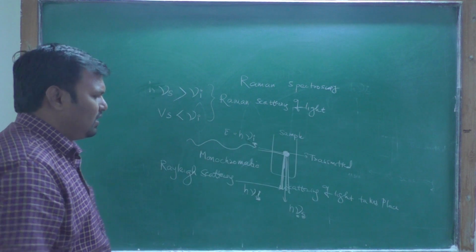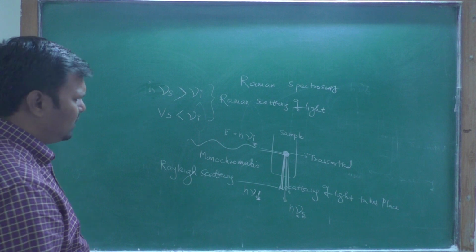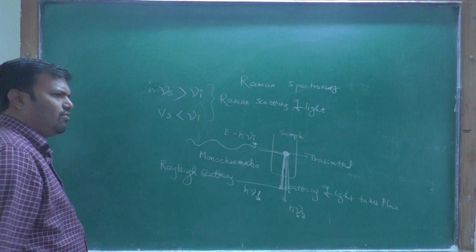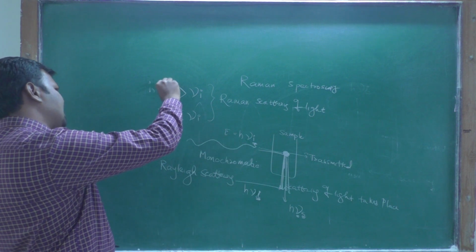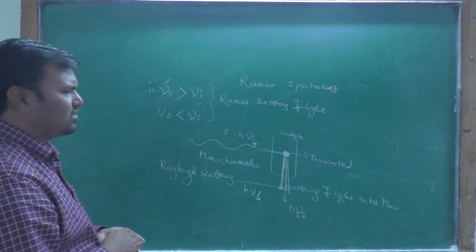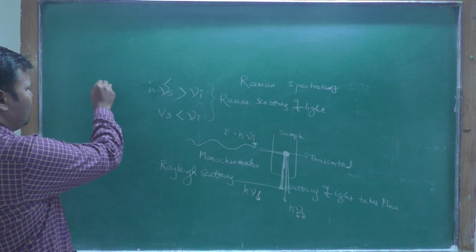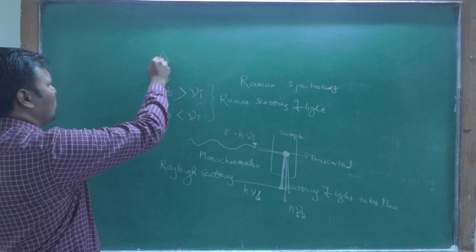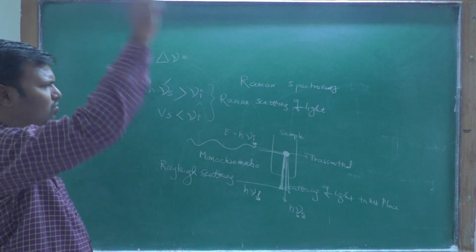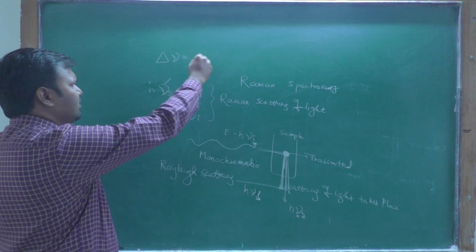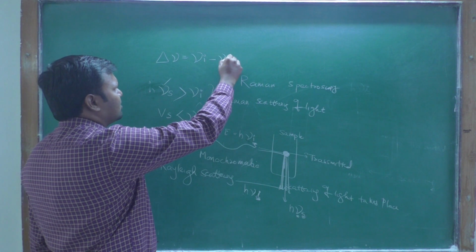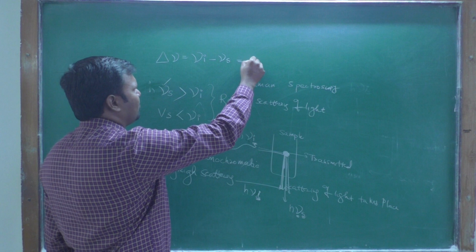If the frequency of the scattered light differs from the incident light by delta mu, that is the Raman shift. The delta mu value is called the Raman shift and is given by the incident frequency minus the scattering frequency.